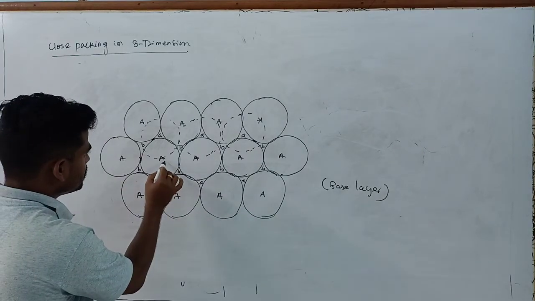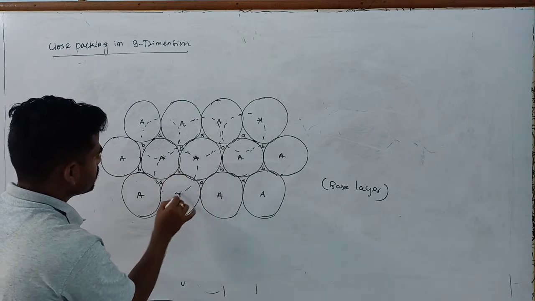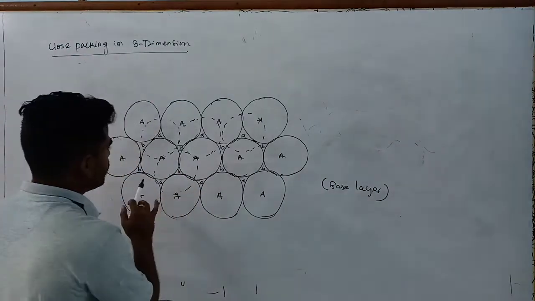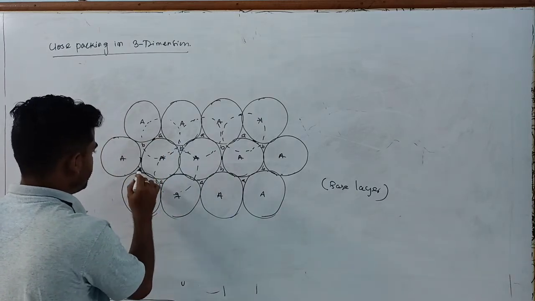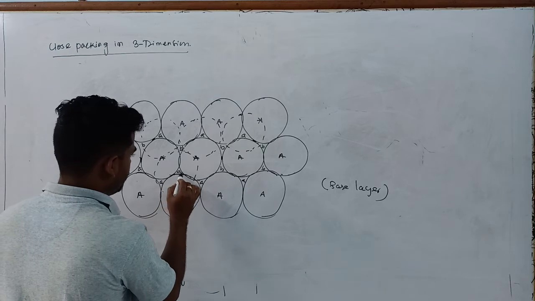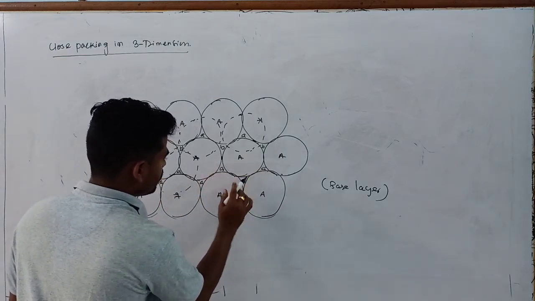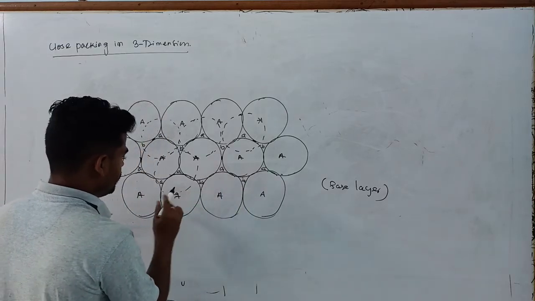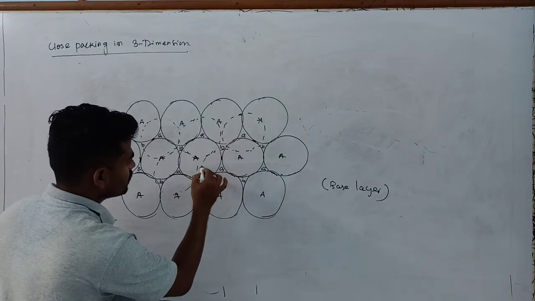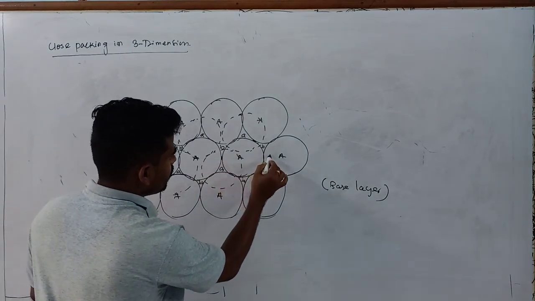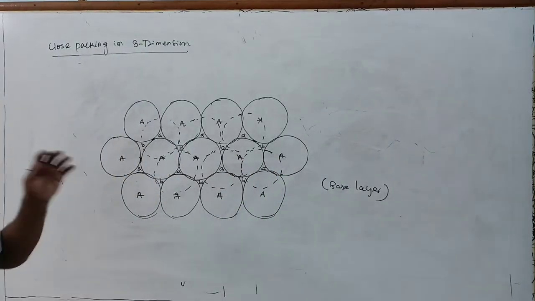Okay, next you see, that will be like this, only I am covering A, these ones are A, and these are B. Next I am covering this A, like this, keeping B vacant.